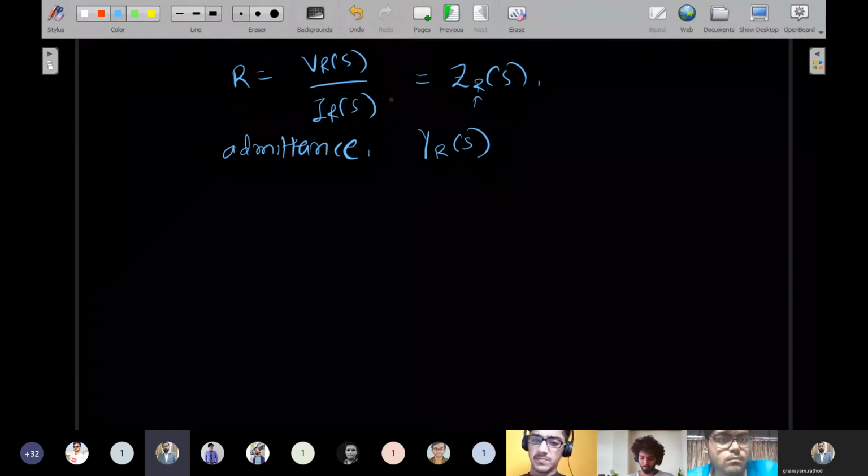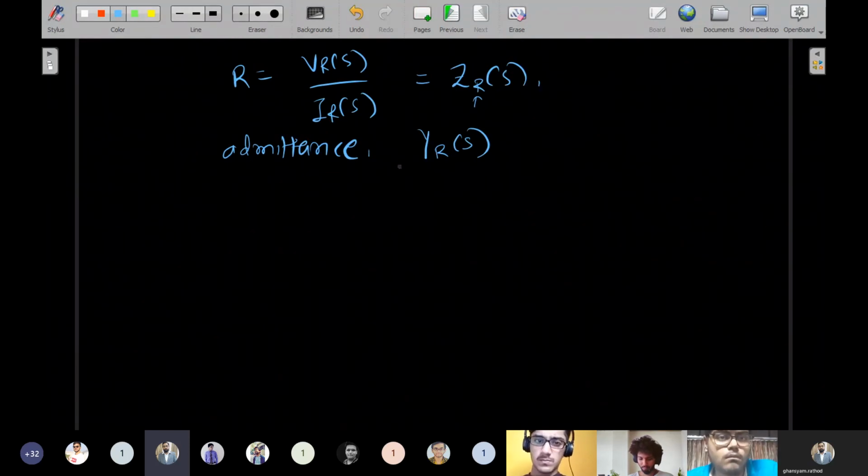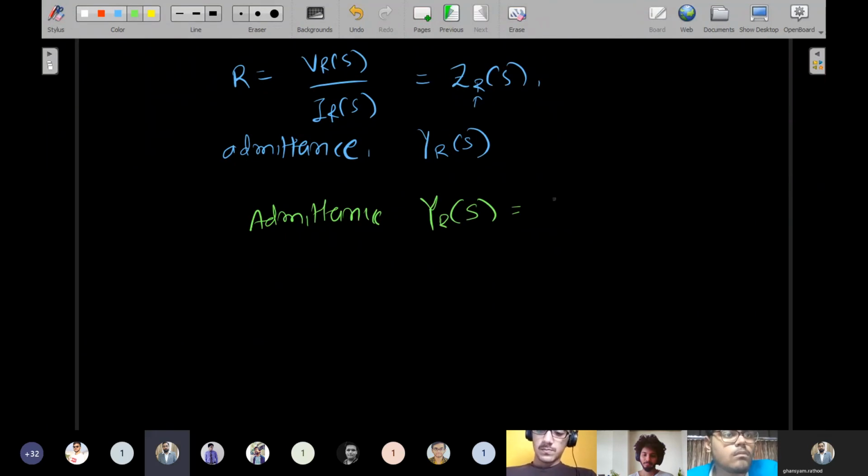So that is the inverse of the impedance. Admittance YR of S equal to 1 upon impedance. So that can be written as the reverse. So remember the equations of this resistance, or you can say impedance and admittance.